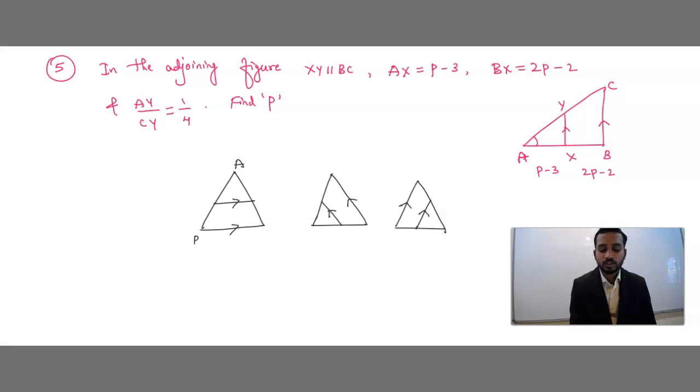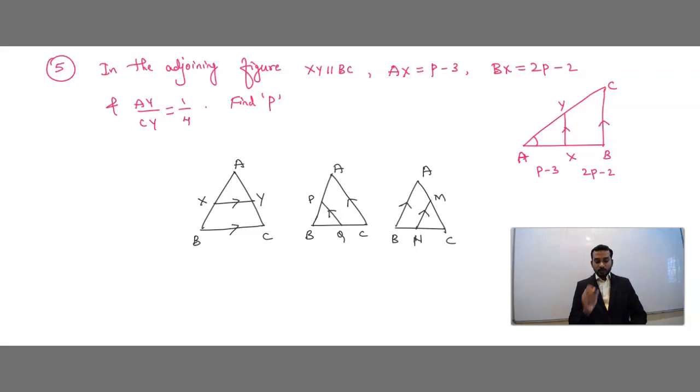So this is A, this is B, and this is C. Again A, B, C. Again, let me say this triangle is also ABC. And here I will give this as XY. Here I will give this as PQ. And here I will give this as MN.